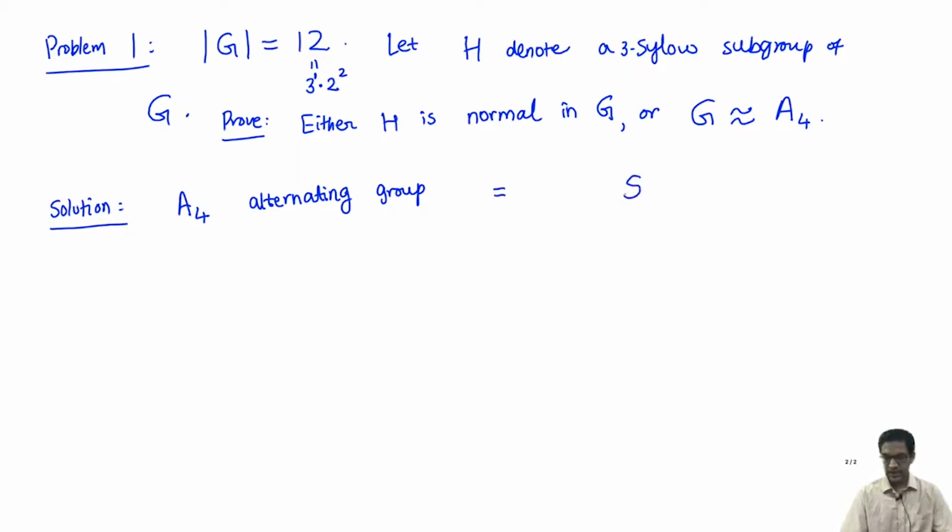I take the symmetric group S4 of all permutations, and I can map this to the group GL4 of 4 cross 4 complex matrices which are invertible. And how do I do it? I take each permutation sigma in S4 and map it to the corresponding permutation matrix.